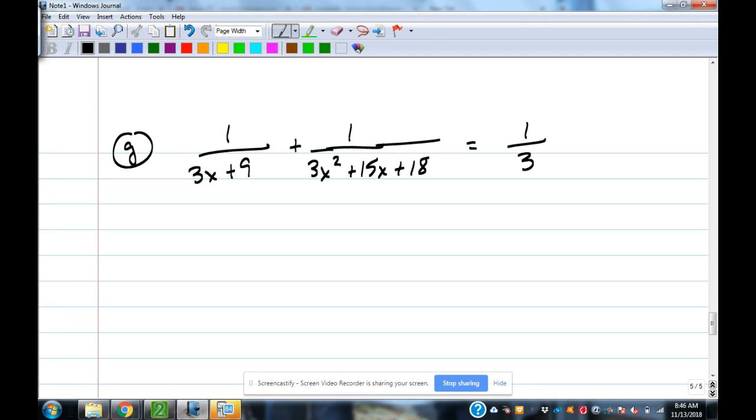A little bit, not that much harder than the last one we did, but still a little bit more factoring involved in the denominators.